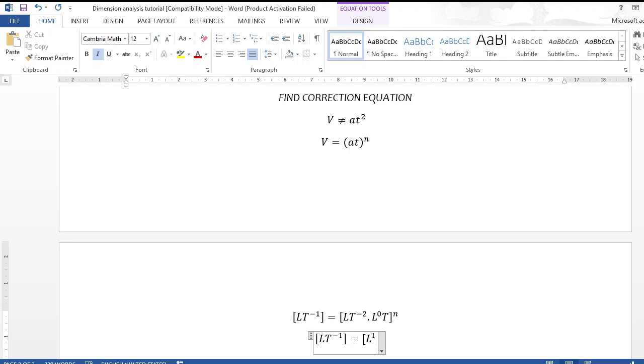Then t is raised to the power negative 2, and because it's raised to the power negative 2, you add it with the other t, which is raised to the power 1. So I'm adding 1 here.